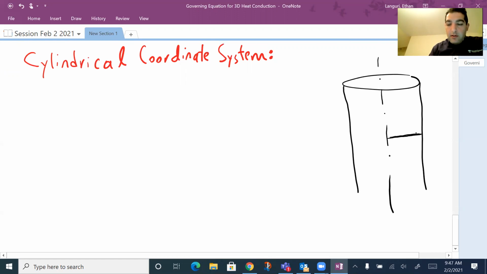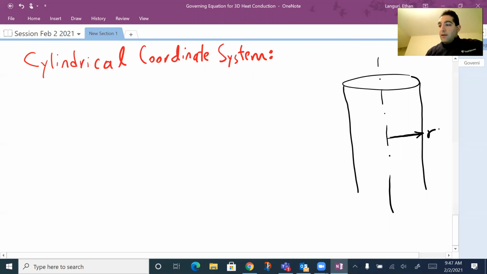Along the R, you have one dimension, so you can call it R. You can make your cylinder at any radius you want. So R is a variable like X. R is a dimension that in cylindrical coordinate system lets you define what radius of geometry you have.